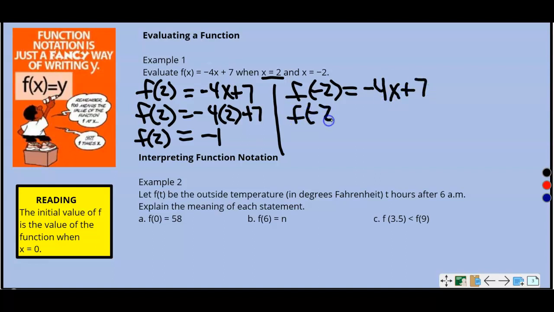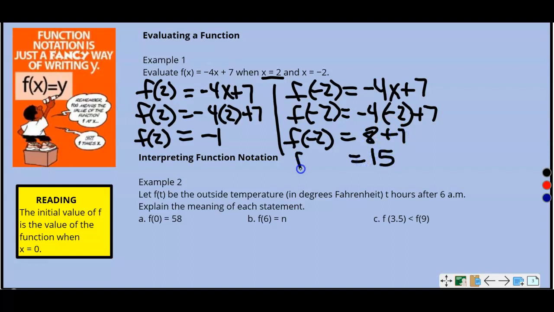Again, f is the name of your function, and it tells you to input negative 2 in for x and then solve. So f of negative 2 equals negative 4 times negative 2, which is 8. And then 8 plus 7 is 15. So f of negative 2 is 15. f of 2 is negative 1.